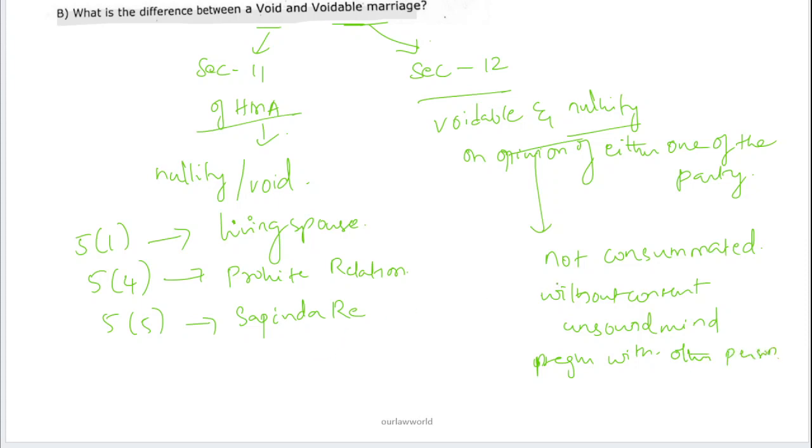This is declared as voidable by the court, and this is treated as void ab initio, that means not considered as marriage from the very beginning itself.